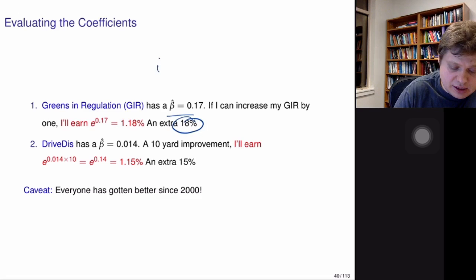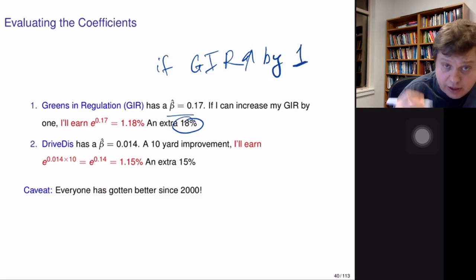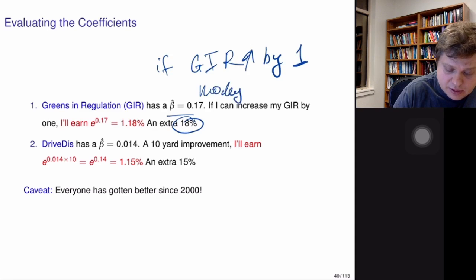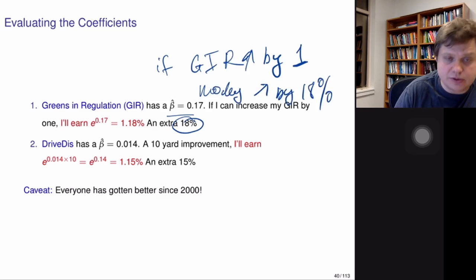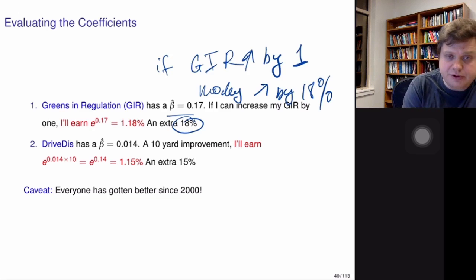That means if green in regulation goes up by 1 on the additive scale, money goes up by 18%. So you can increase your earnings by 18% if you can improve green regulation by 1, which is very hard to do.